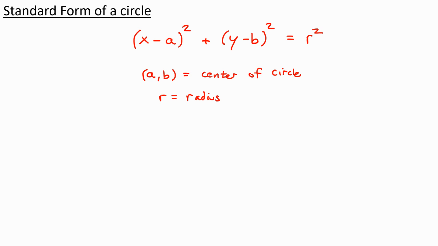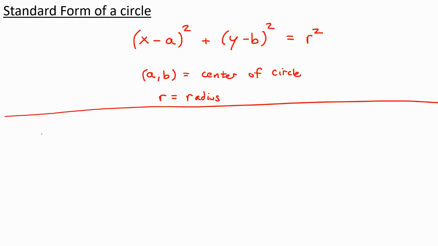Remember, the radius is the distance from the center, which we have as (a, b), out to the edge of the circle in all directions. So here's an example with some numbers in it. Say we were given this, (x minus 10) squared plus (y minus 5) squared equals 4.